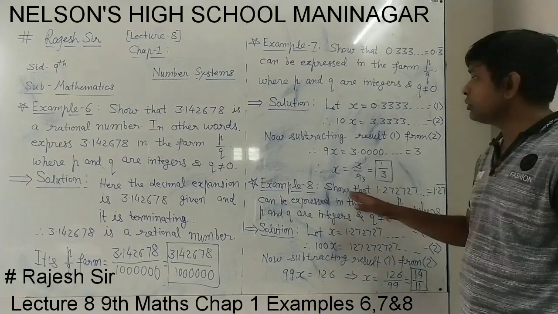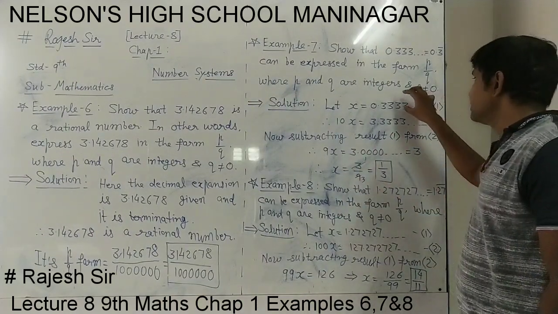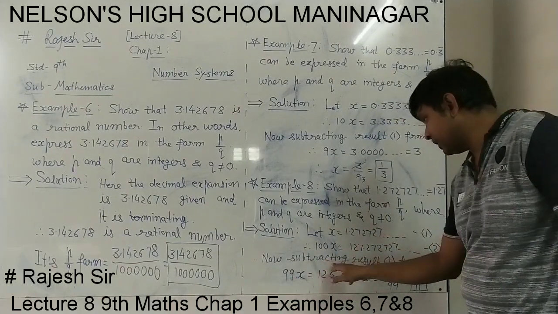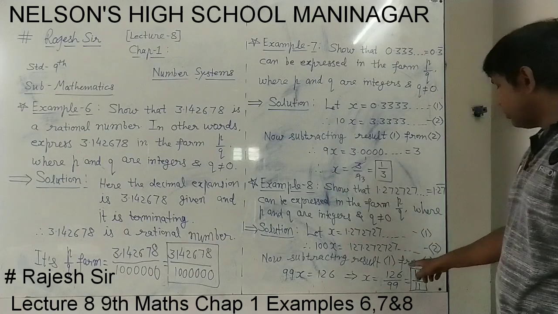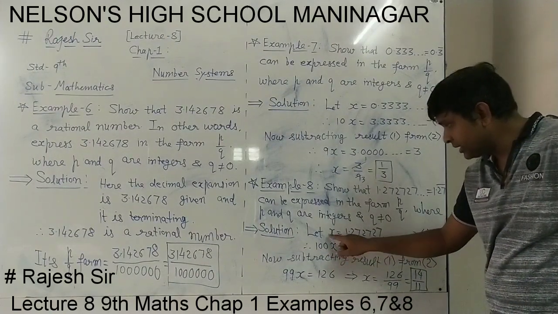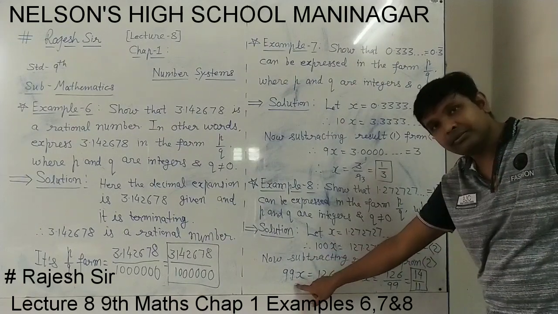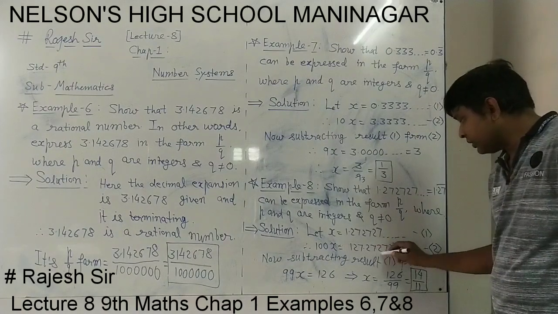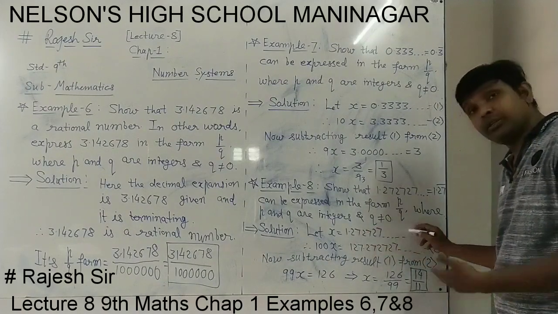Again the same thing we have to do. We have to subtract result 1 from 2. Now subtracting result 1 from result 2. On the left side, 100x minus x will be 99x. And on the right side, after the point 2727, after the point 272727.